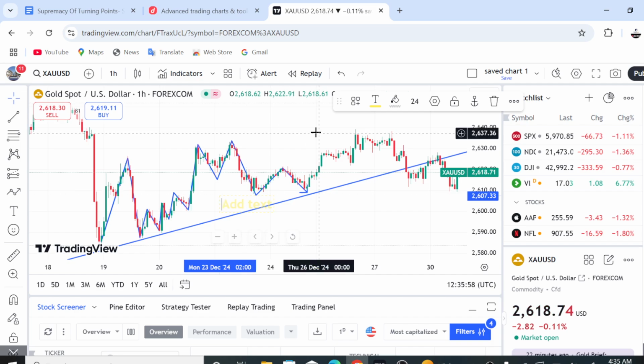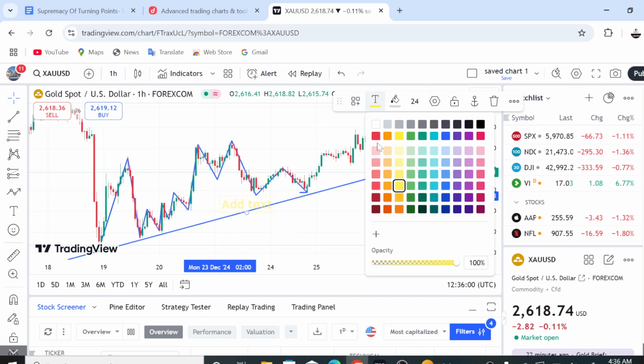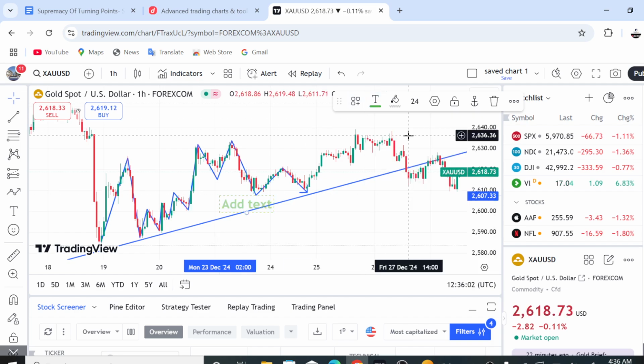So let's change the color of the text to green, and then let's start adding the text.